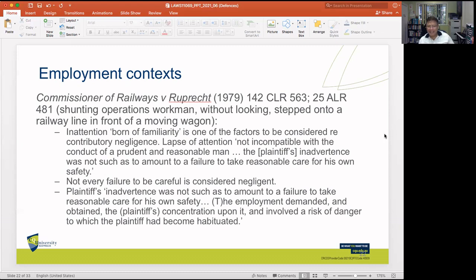The employment demanded and obtained the plaintiff's concentration upon it and involved a risk of danger to which the plaintiff had become habituated. So this was something that was constantly happening because of the urgency of the work and other tasks that the plaintiff had to do. It was reasonably foreseeable that there would be moments of inattention. And so here, the full burden of the damage was placed upon the defendant, Commissioner of Railways.